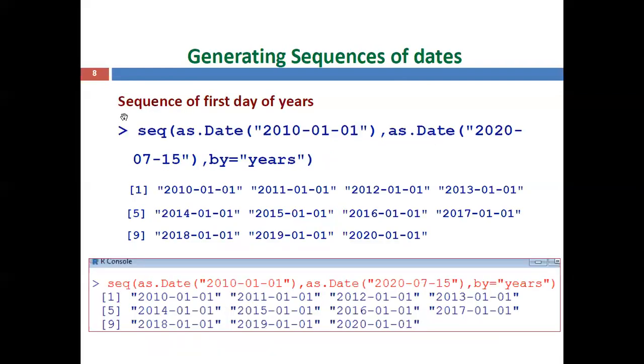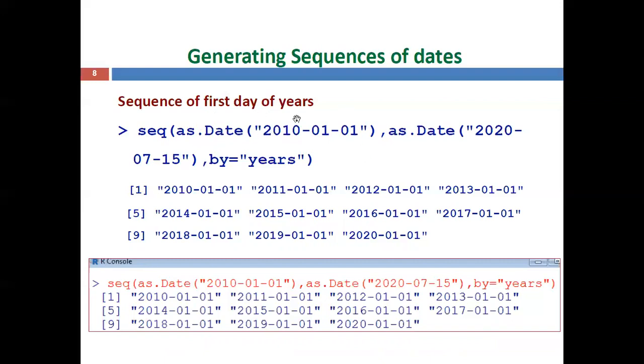The first one, sequence of first day of years. Suppose you take a starting year and an ending year. Then every year the first date is displayed. For that you can see the syntax. For working with dates, in place of the starting date we can use the command as.Date, where D is capital.